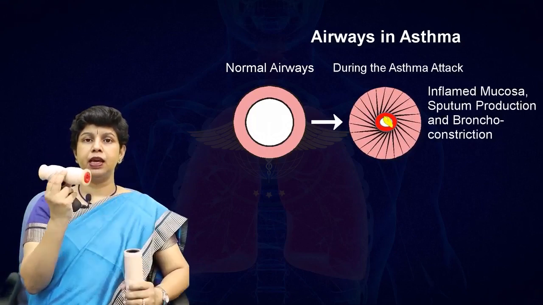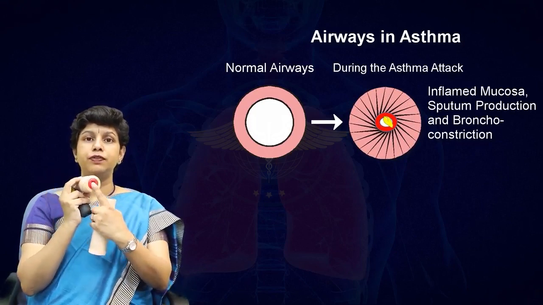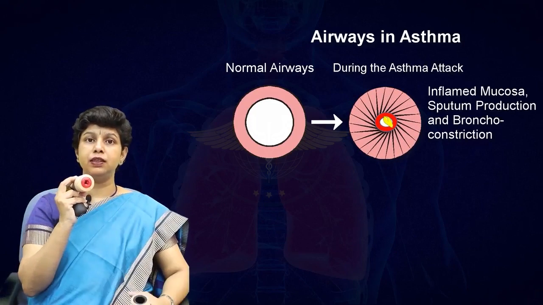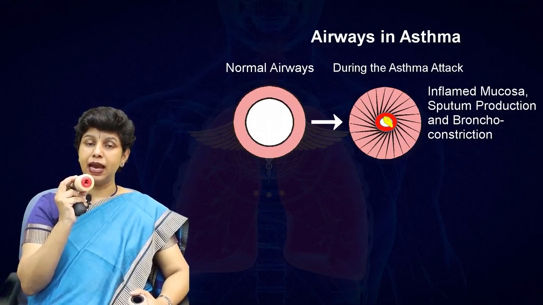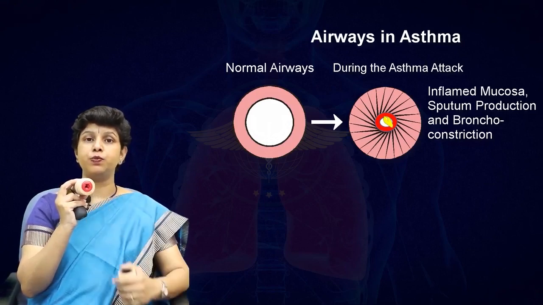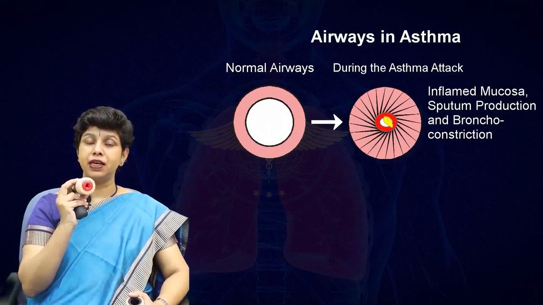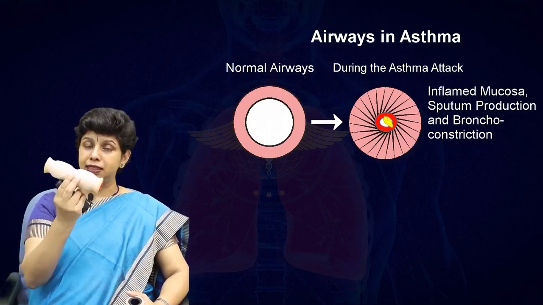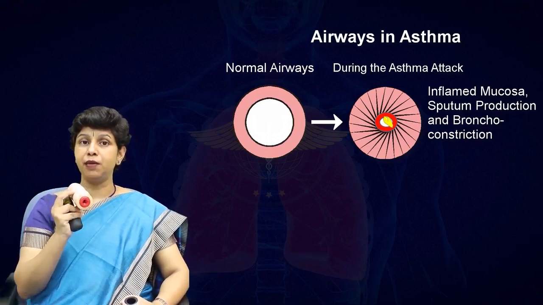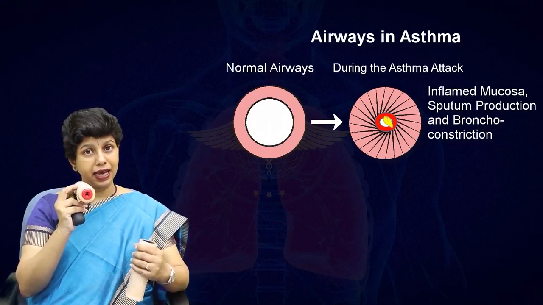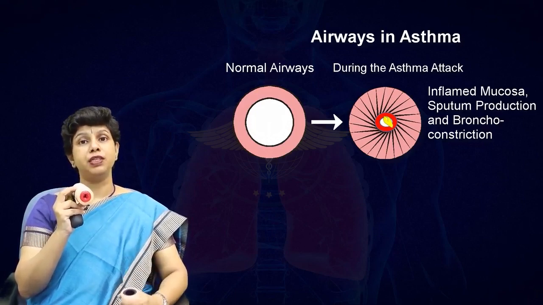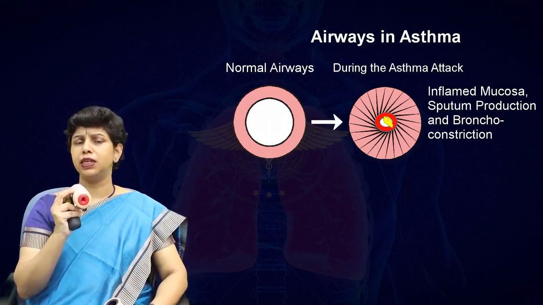There is a lot of inflammation within the mucosa, and there is a lot of mucus production and mucus secretion happening. This is the condition that typically happens in an airway when the patient is suffering from an acute exacerbation of asthma.